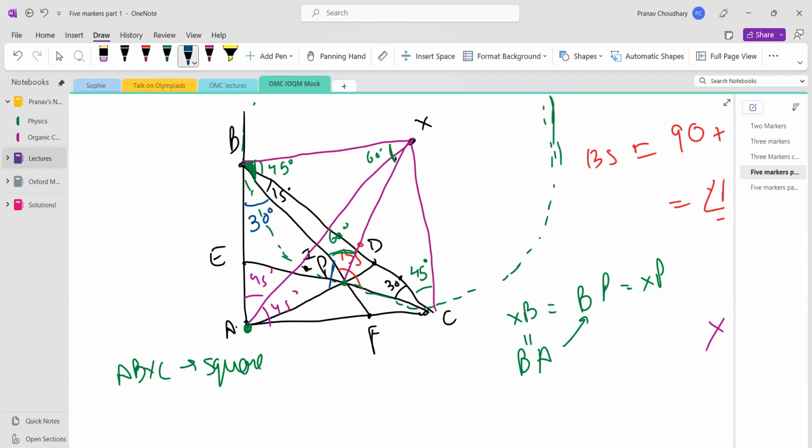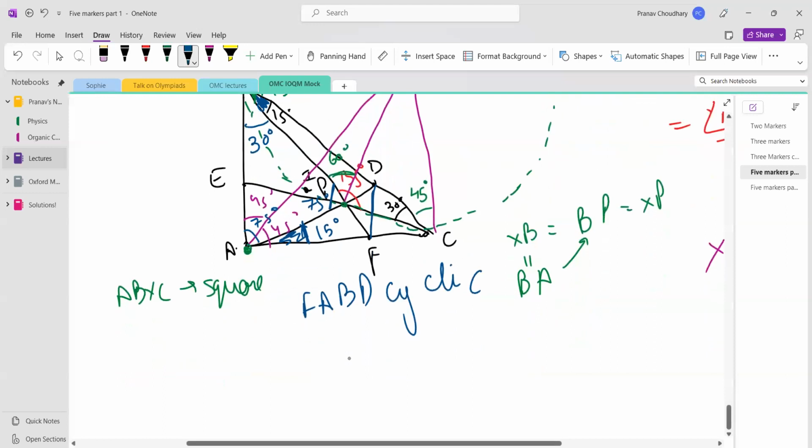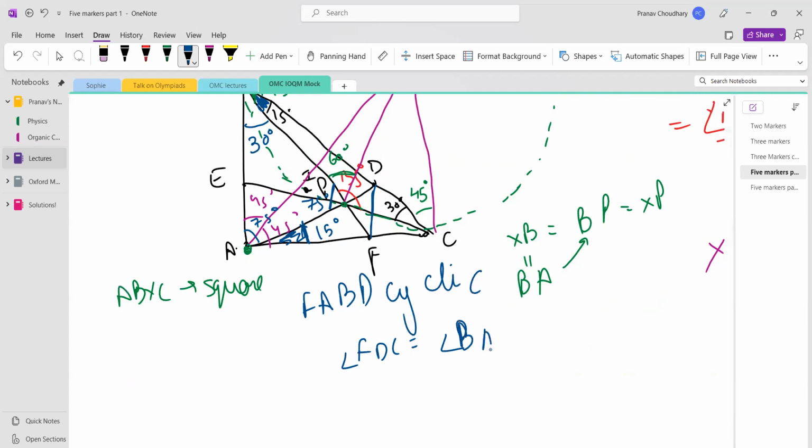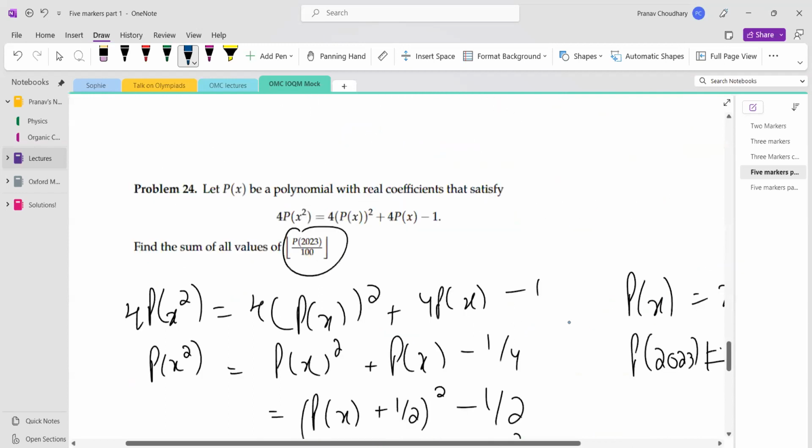So this angle here would be 75 degrees, and so will this angle, which means that this angle will be 15 degrees, right? And this angle is 15, this angle is also 15, which means FABD is cyclic. Now we have to find angle FDC, right? So angle FDC is just angle BAF, which is 90 degrees. So the answer to this problem is 90.